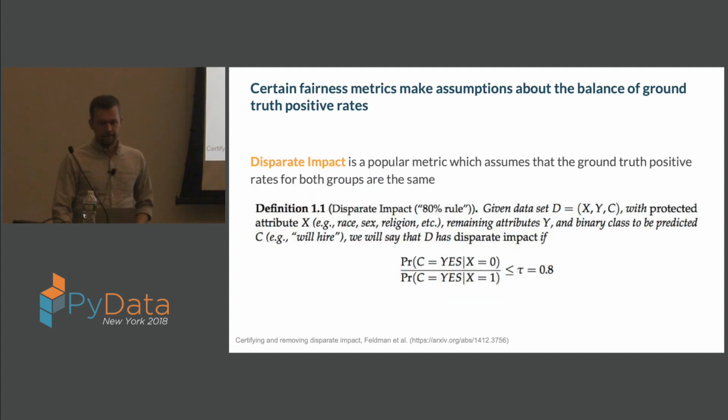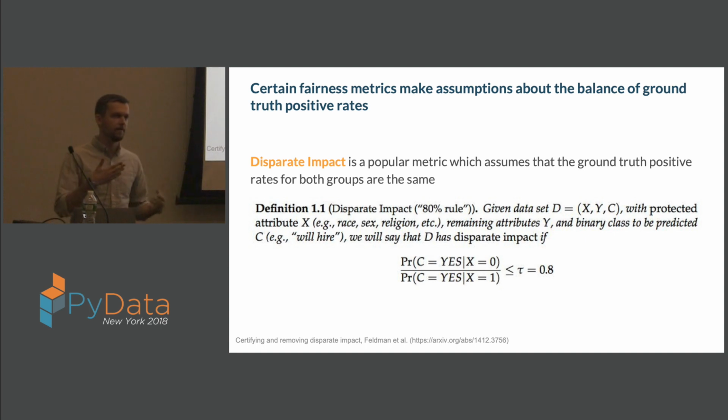The issue is that certain fairness metrics make assumptions about the balance of ground truth positive rates. There's one metric called disparate impact, which is also sometimes called statistical parity. This metric assumes that the ground truth positive rates are equal between the 2 classes. The way this metric is defined is you just look at the probability of a positive classification for both groups and then take the ratio of that.